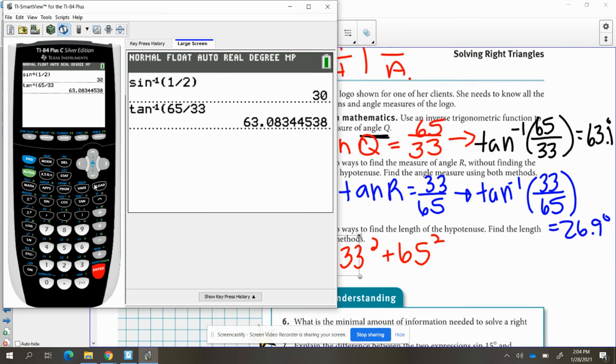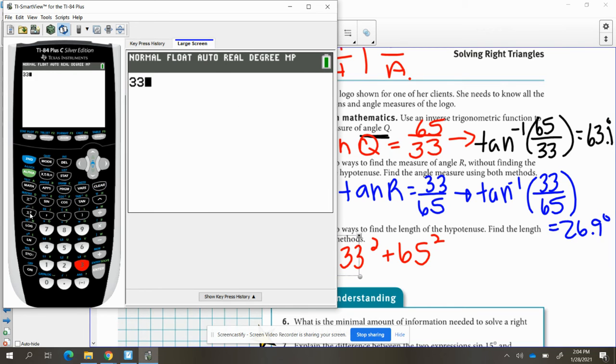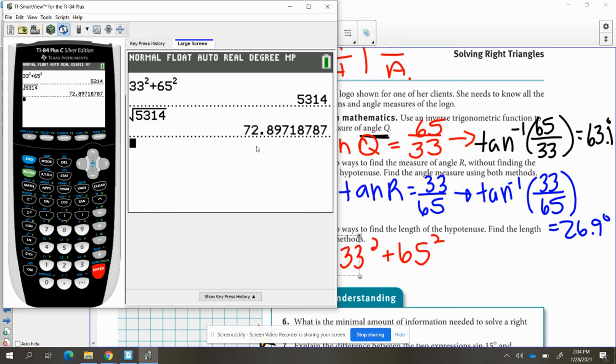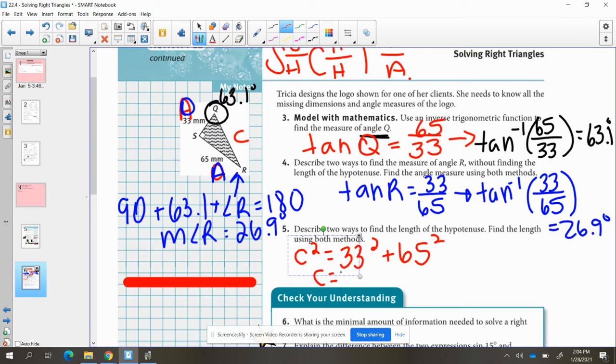So 33 squared plus 65 squared, and if we square root that, will give us our answer of about 72.9. Now you'll see that this answer would be the same whether we use Pythagorean theorem or we use trig.